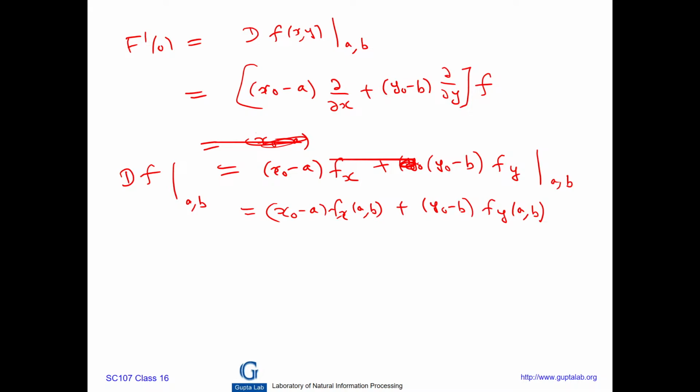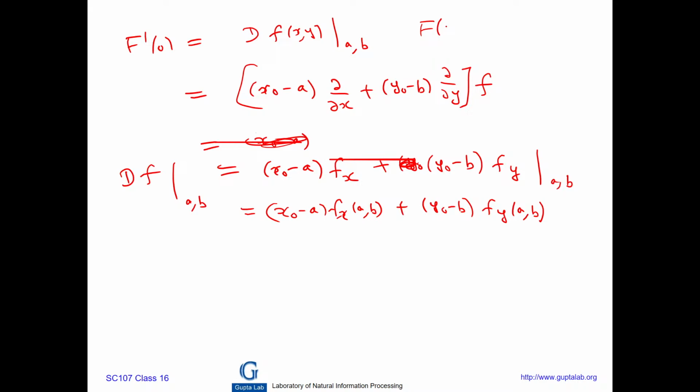Okay, so what is the value of f of 1? f of t is this, right? If you put t is equal to 1, what are you going to get? f of x naught comma y naught. So simple calculations now basically.